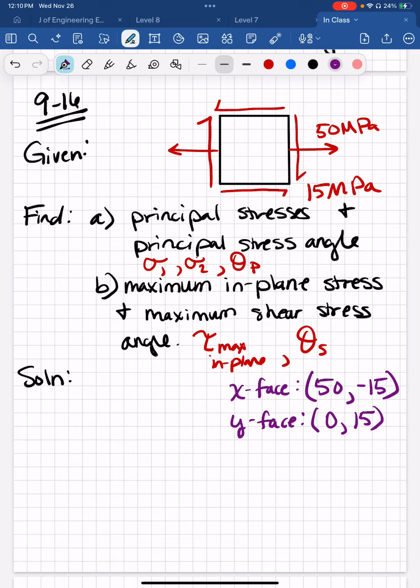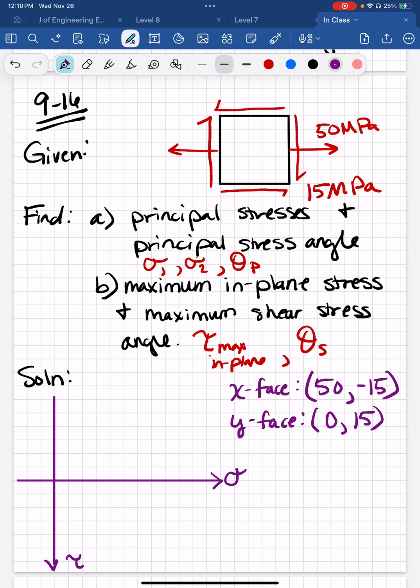I'll draw it here. We know it's sort of off to the right. We have the stress in this direction, and we have positive tau pointed down. Our x face is 50, negative 15.